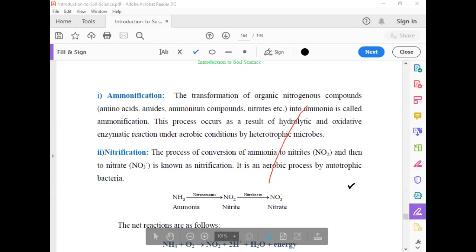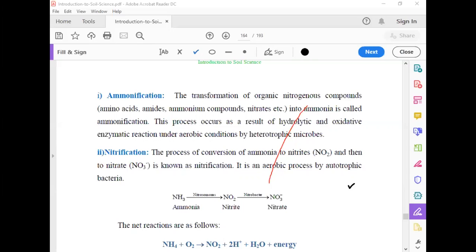The transformation of complex organic nitrogenous compounds like amino acids, amides, nitrates into ammonia. This is the result of hydrolytic and oxidative enzymatic reactions.